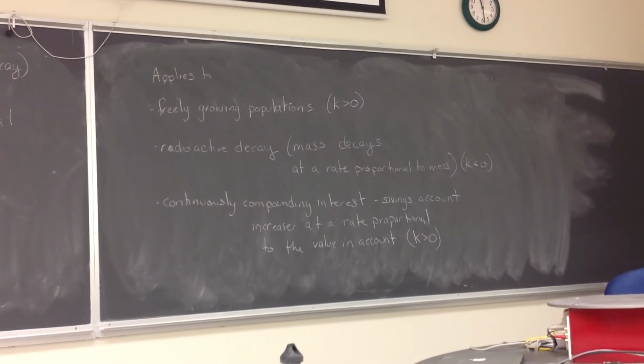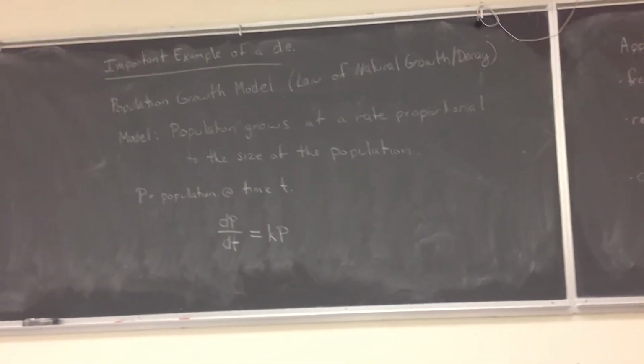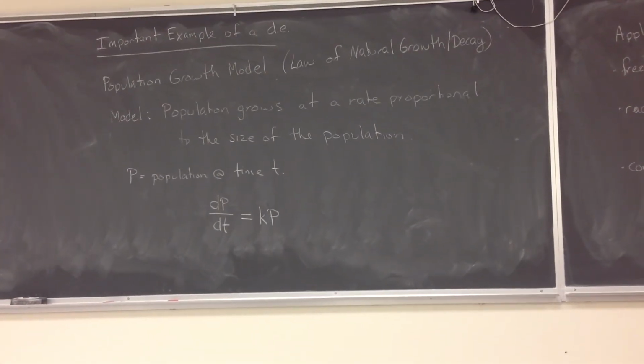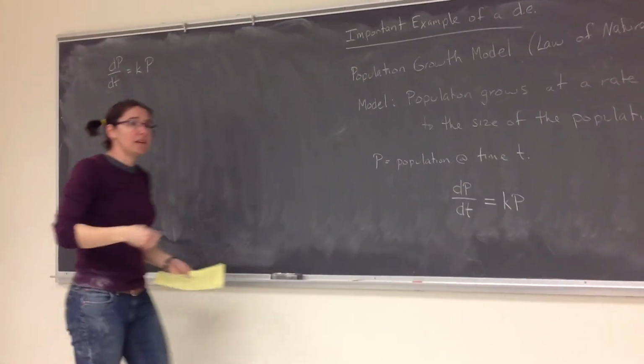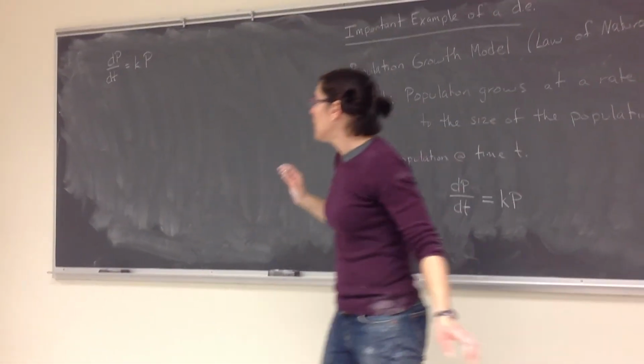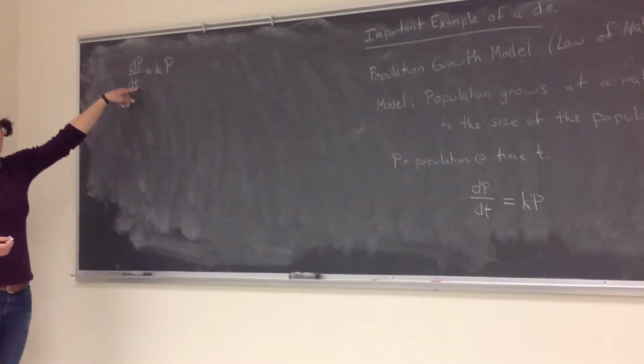Okay, so here is our differential equation, and our goal is to come up with a formula for the population. So we're given that dP over dt is equal to k times P. Now there's a lot of letters going on here, so let's be clear about what is variable and what is not. In terms of this example, t is our independent variable.